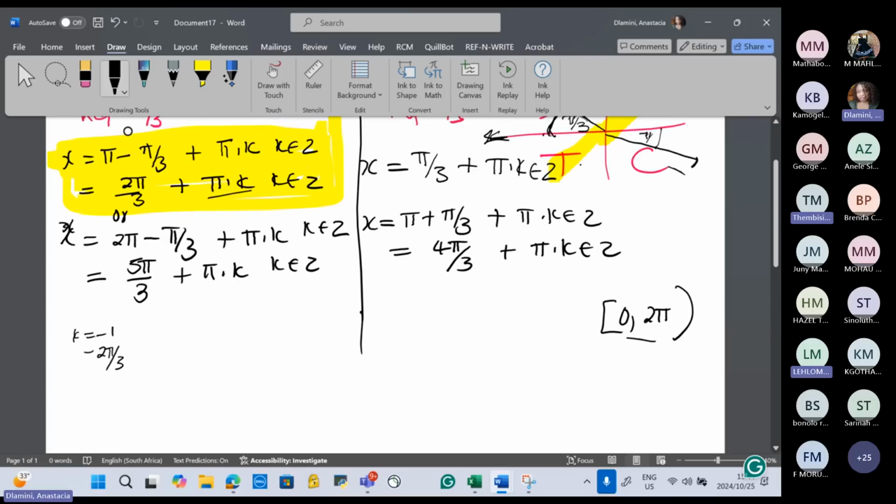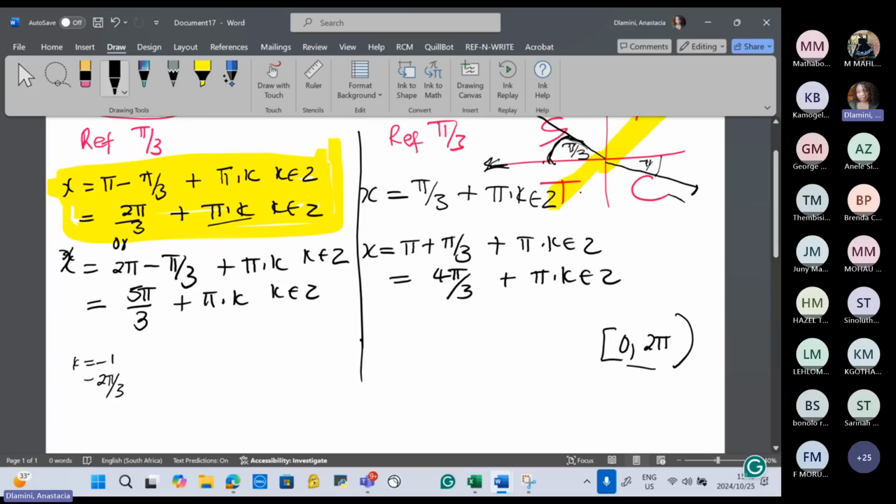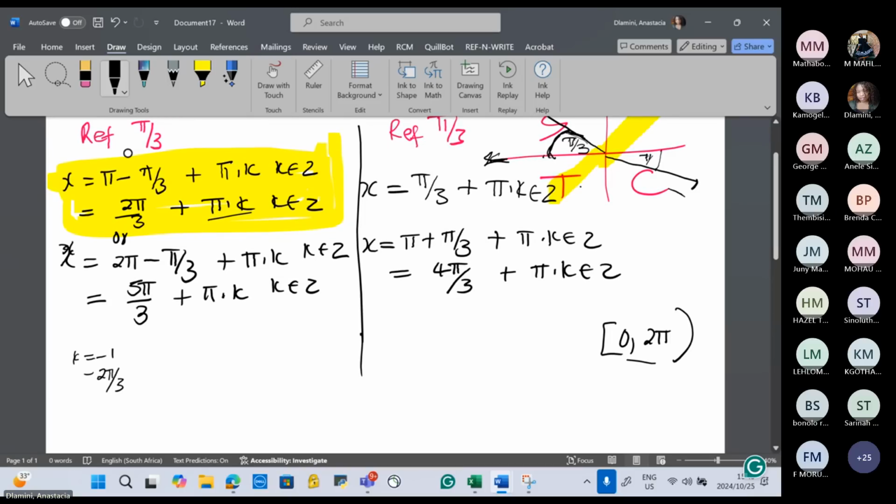So then we go to k equals 0. What do we get? It's pi over 3. We are here on the yellow part. 2 pi over 3.